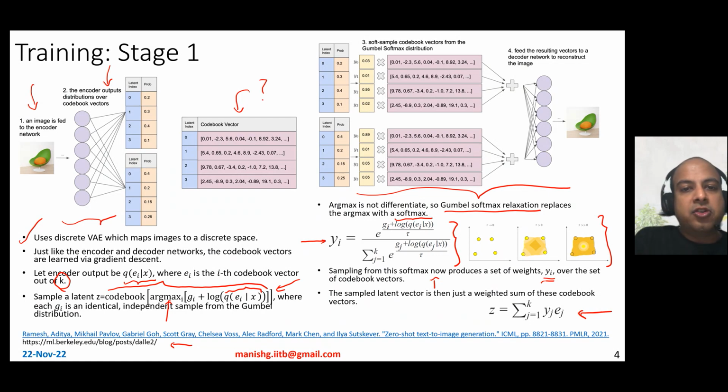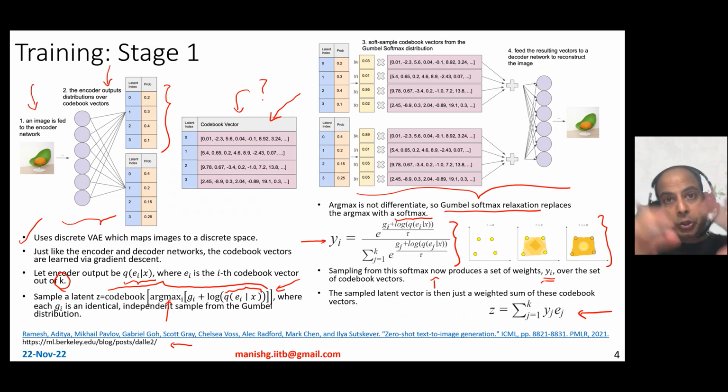As you see, here are these codebook vectors, which are represented here. For every position, the encoder is generating a distribution over those 4 codebook vectors, right? These are basically Q(ei given x), where i is equal to 1 to 4 here, because in this picture there are only 4 codebook vectors.